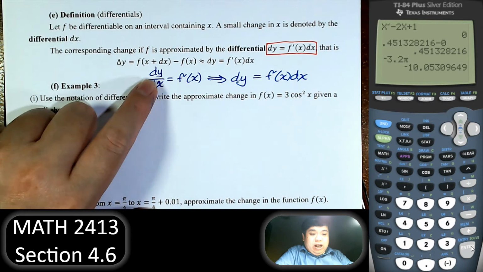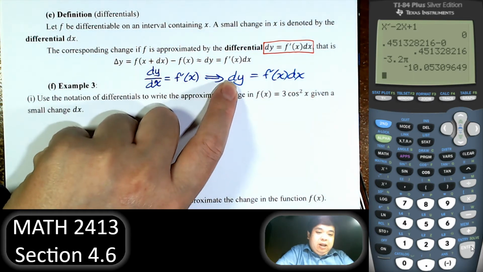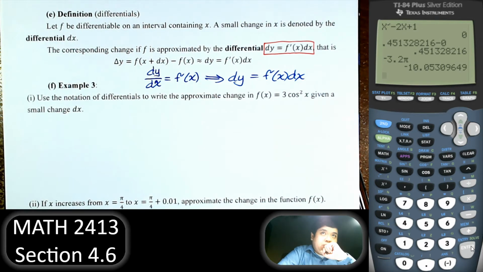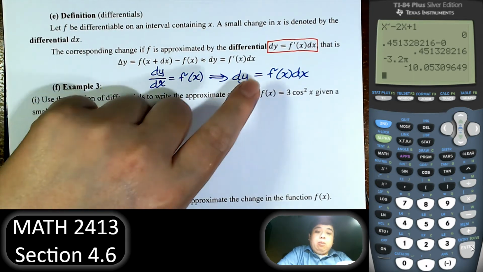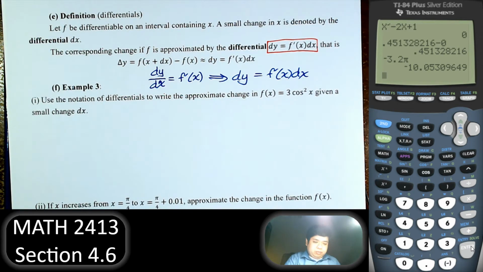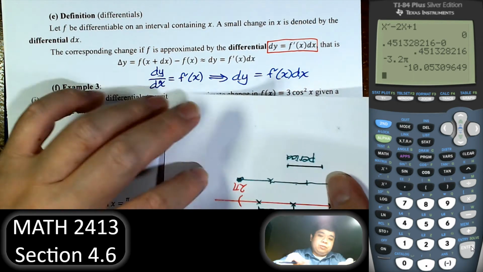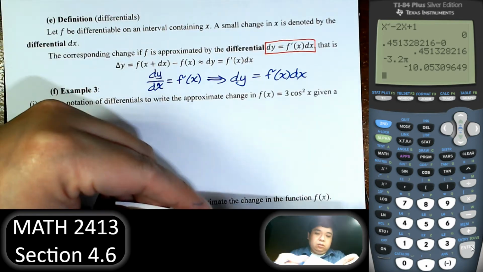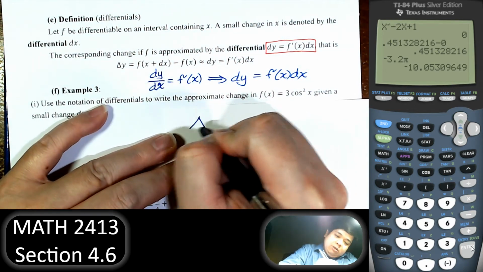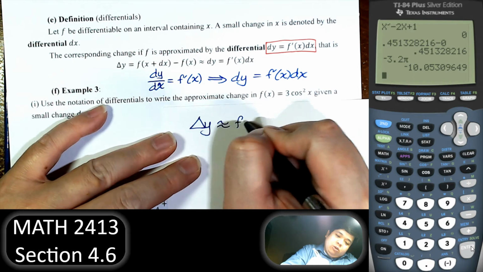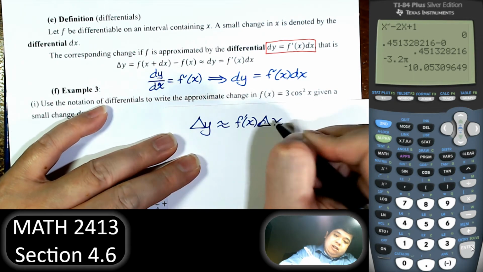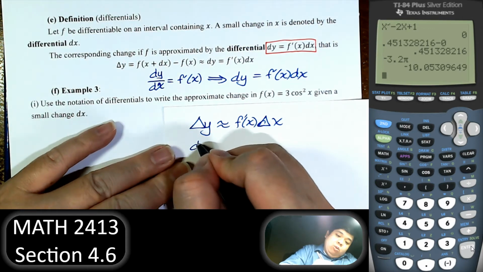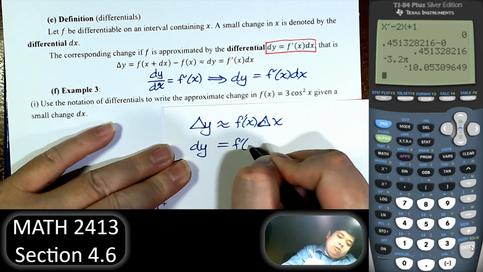And then once again, dy is the differential. And the actual delta y is approximately equal to that. So now we just play with the notation. Delta y is approximately equal to the derivative times delta x. dy is exactly equal to the derivative times dx.